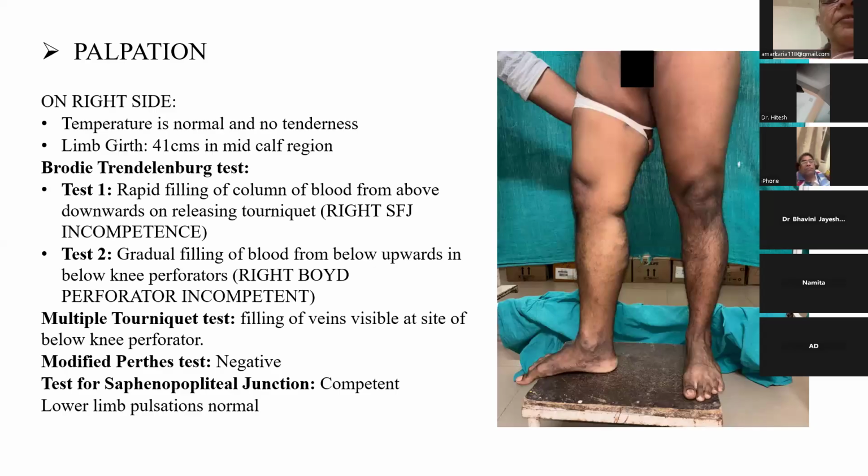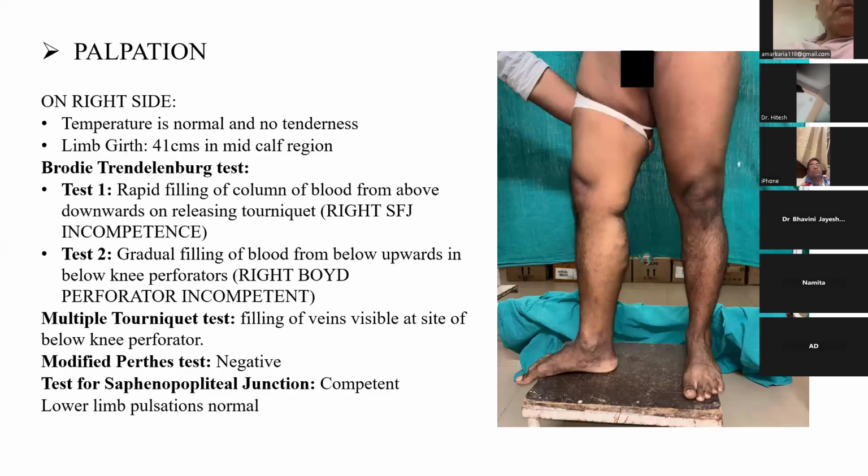The direction of blood flow was from below the knee, from below, and if you tie a tourniquet, that is what I'm asking you. Which place do you tie the tourniquet in test two? Here you have written Brodie-Trendelenburg test 2. Where do you tie the tourniquet? At the saphenofemoral junction. So how do you know it is not a leg perforator? It is only the Boyd perforator which is incompetent.